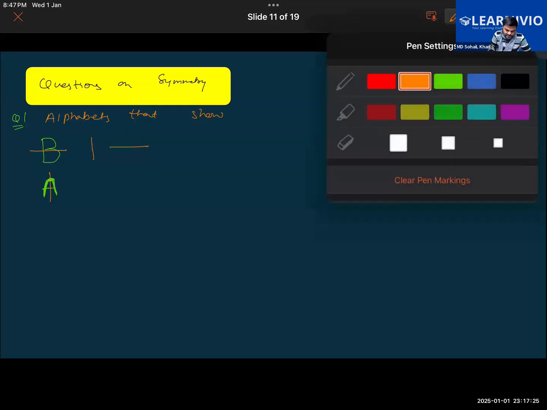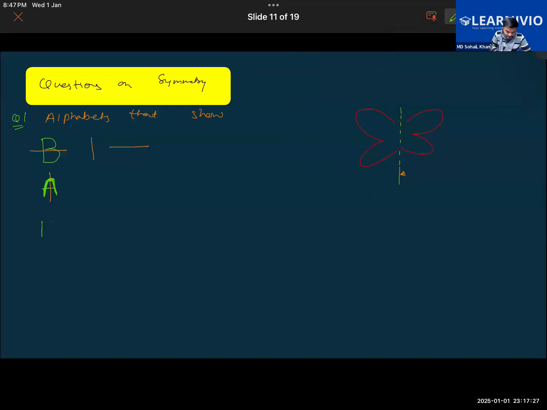Does H possess any symmetry? Yes, it possesses. From the middle, you can draw a vertical line that will split it into two parts. Both the two equal halves will be equal, right?